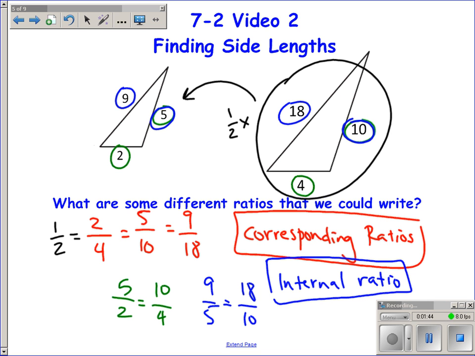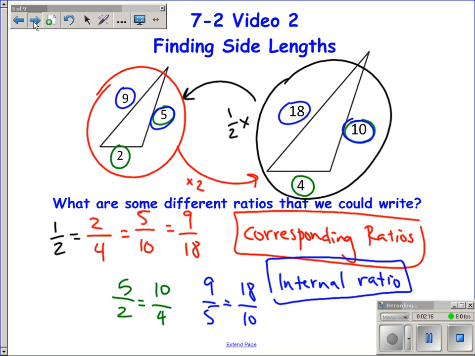Similarly, to go from this triangle back to this triangle, you can either multiply by the reciprocal, which in this case is multiplying by 2, or you can take the same scale factor 1/2 and divide by it. So I could take 2, divide by 1/2 and get 4. Dividing by a fraction may be confusing to some of you, but that's a way of doing it.